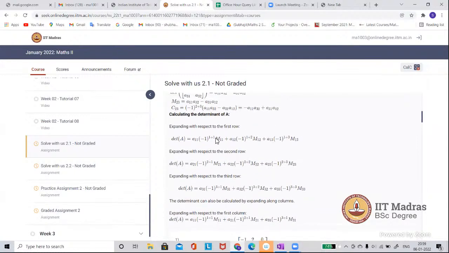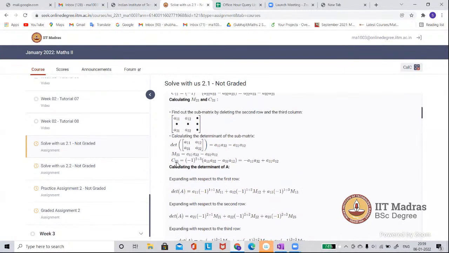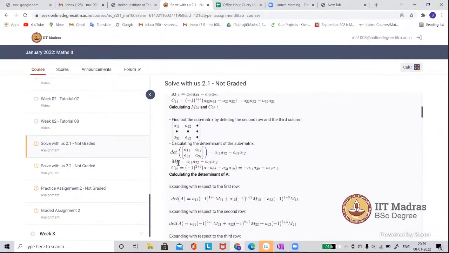Before that, C23, go a little bit above. Observe what M23 is. M23 is the minor, so you don't have to multiply, right? You just delete the second row and third column, and you will get the matrix and its determinant.